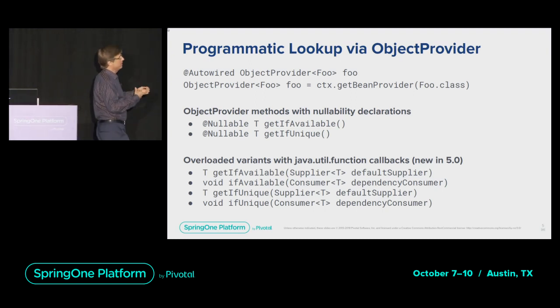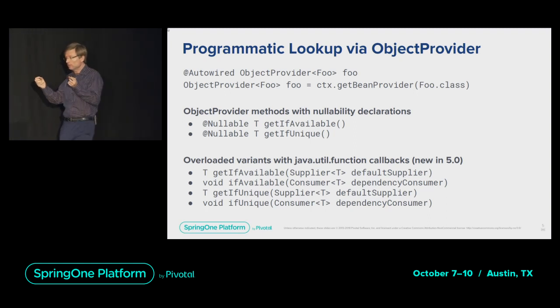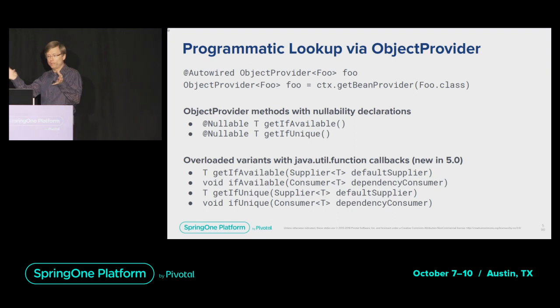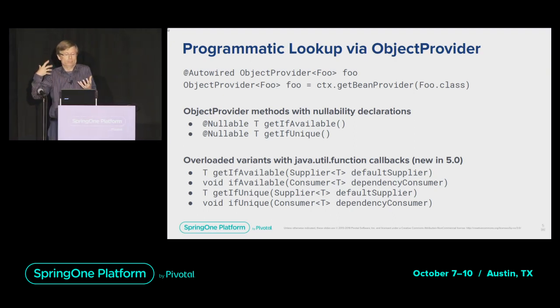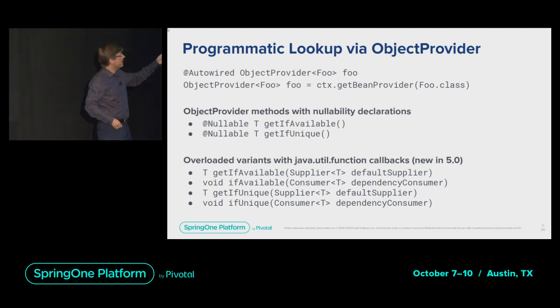And along those same lines, we have new methods like getIfAvailable with an argument, a java.util.function Supplier, a default supplier that is supposed to produce a default instance if the container doesn't have a managed instance that matches the type T.